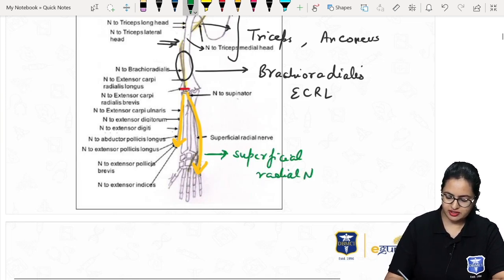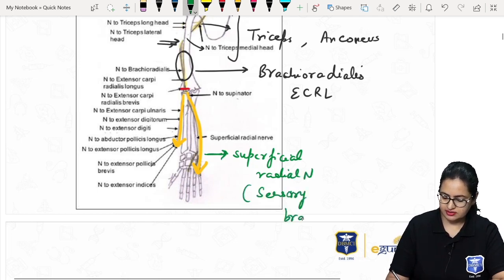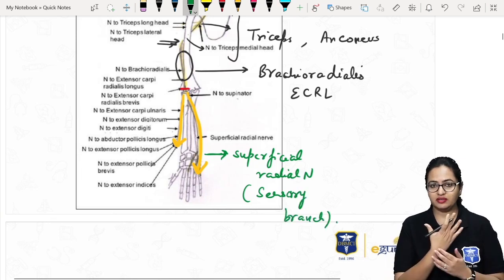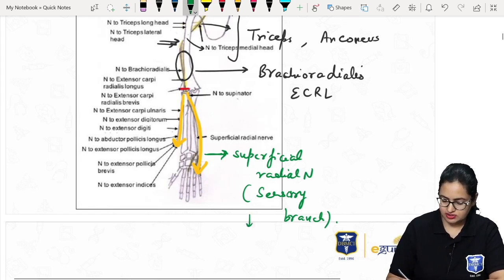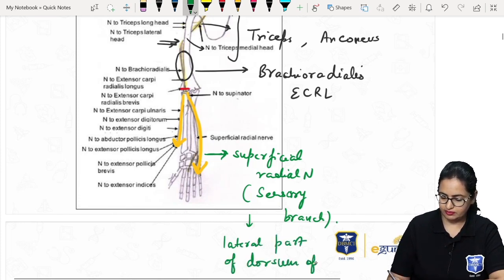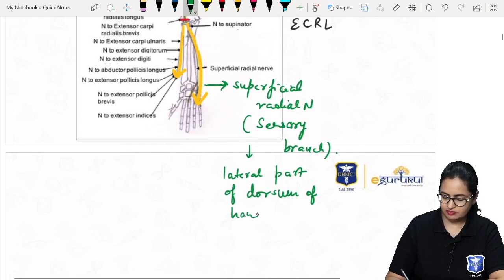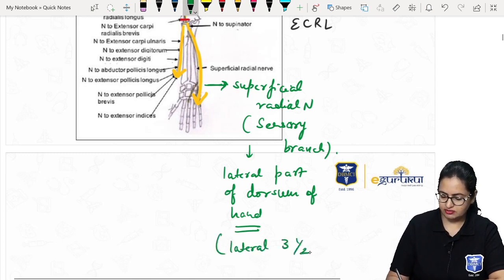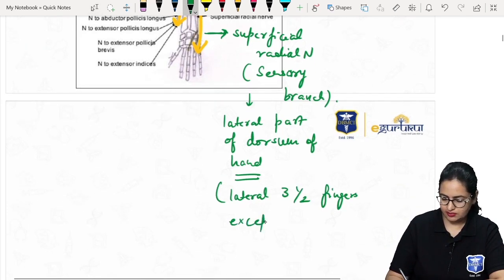This is the superficial radial nerve, which is a sensory branch, and it will be supplying the dorsum of the hand. In the dorsum of hand, it is supplying the lateral part. Specifically, when we are talking about the fingers, it is supplying the lateral 3.5 fingers except the nail bed.